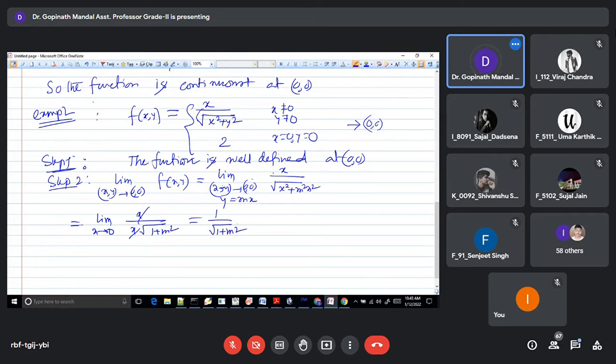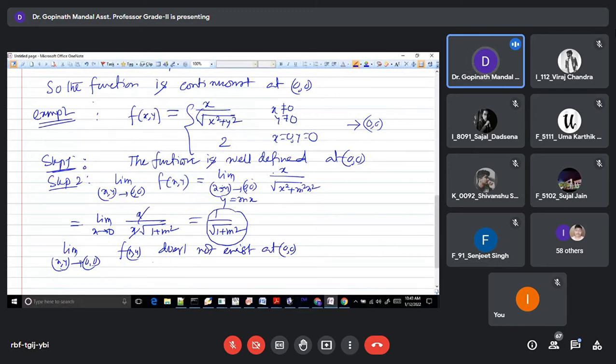That means the limit value depends on m. So we can say that the limit does not exist. So the limit as (x,y) tends to (0,0) of the function f(x,y) does not exist at (0,0).